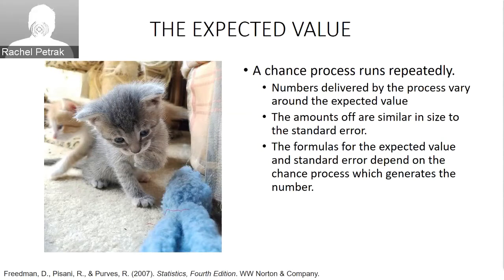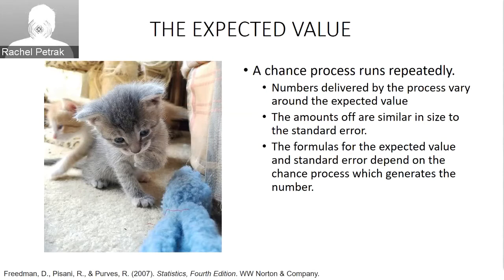So we know that the sum of draws from a box will be around its expected value, but they're going to be off a little bit. The amount that the values are off is similar in size to the standard error, which we'll figure out how to compute in a minute.